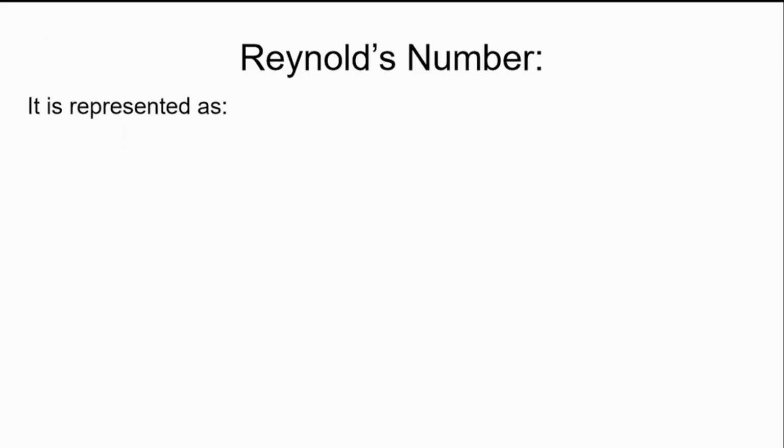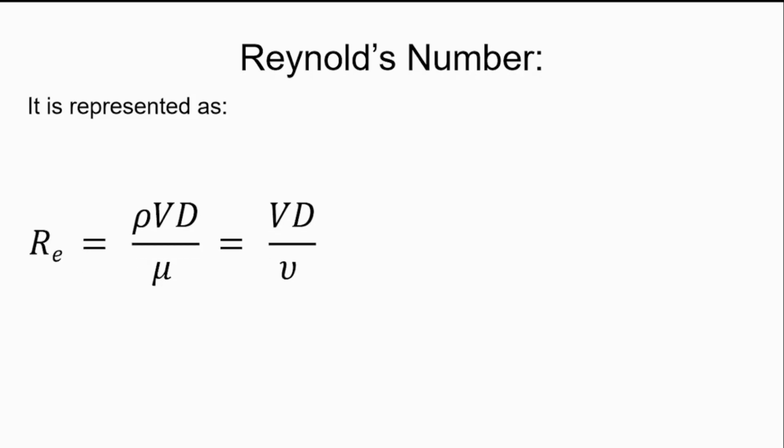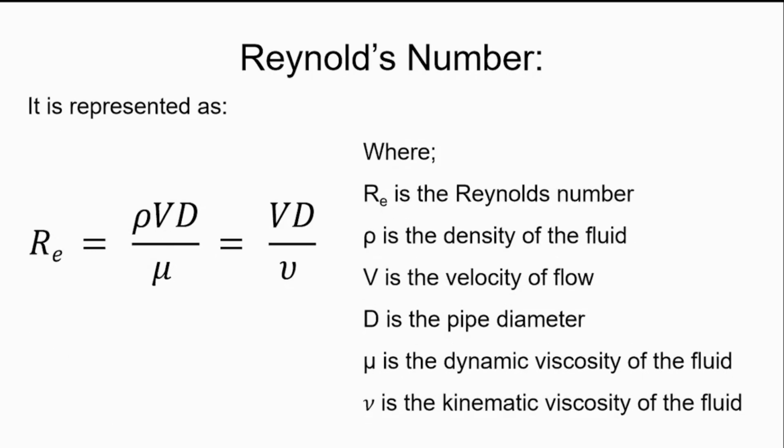It is represented by the formula which you see right here on your screen, where Re is the Reynolds number, rho is the density of the fluid, V is the velocity of flow, D is the pipe diameter, and mu is the dynamic viscosity of the fluid, and this fancy v is the kinematic viscosity of the fluid. So you have to use the appropriate Reynolds number formula depending on the question.